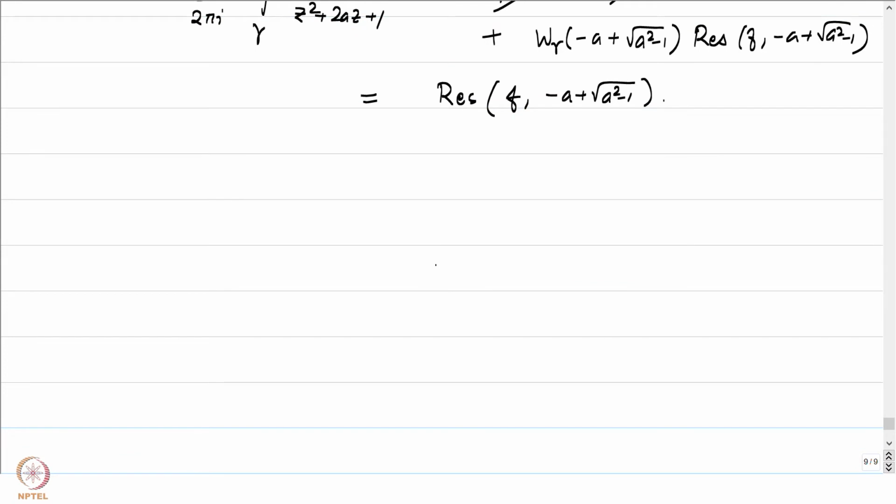To compute the residue, let's consider the function 1 by z squared plus 2az plus 1.